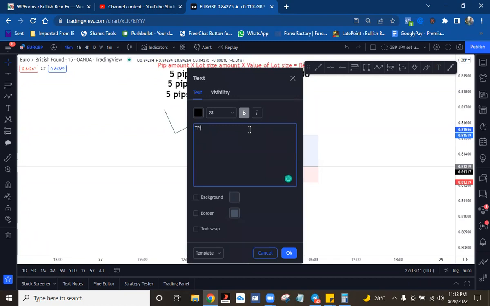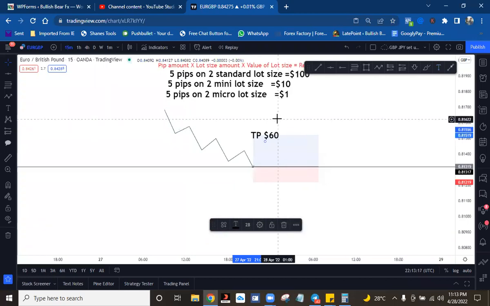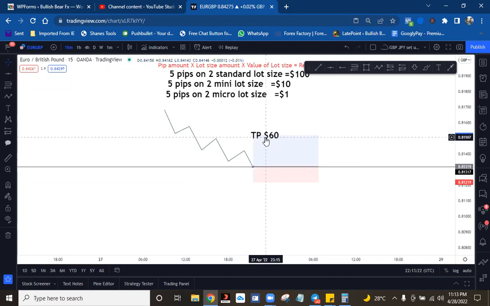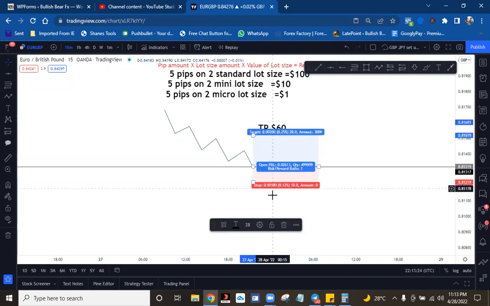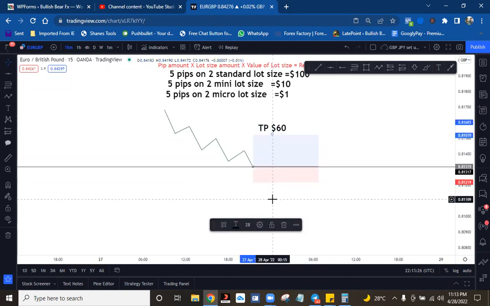TP. $60. And what's your stop loss? Anybody who's done the calculation, you can turn your mic on. You said two standard lot size, right? Yeah, two standard lot size.